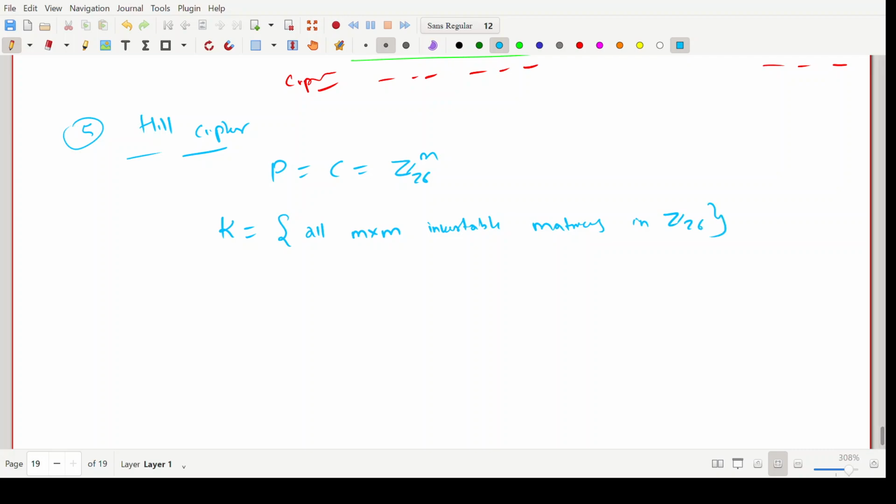Okay, so how are we going to encrypt? That is the main question. Let me take a matrix M belonging to K, such that the determinant of M is non-zero. So it is invertible, which implies M inverse exists. Encryption is easy.